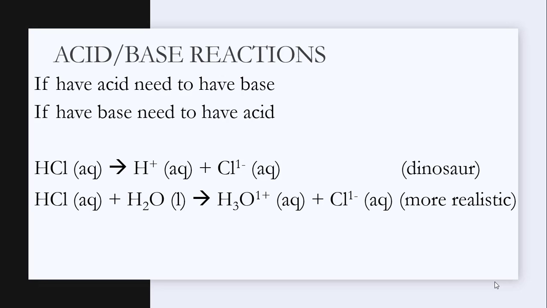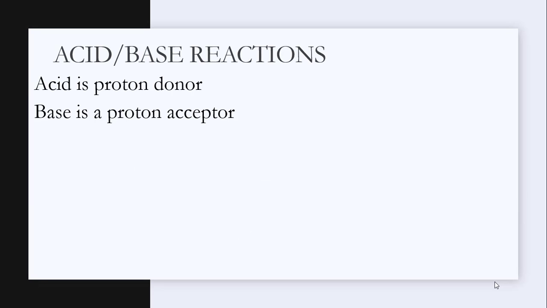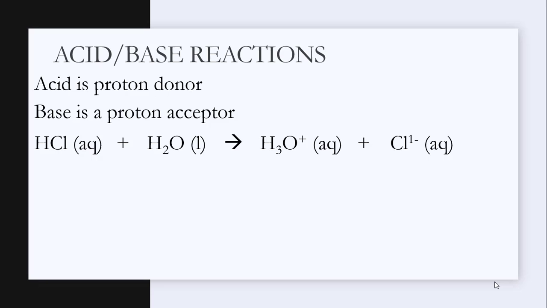The more realistic way is the second method, because that shows both the acid and the base. And it's important to remember you need to know both, and that H1+ is the same thing as the hydronium ion. Once again, acid is a proton donor, base is a proton acceptor. So looking at our current equation, we can see that the HCl is the acid and the water is the base.